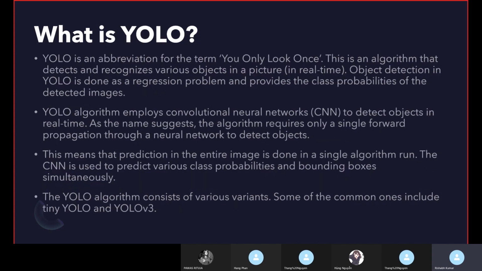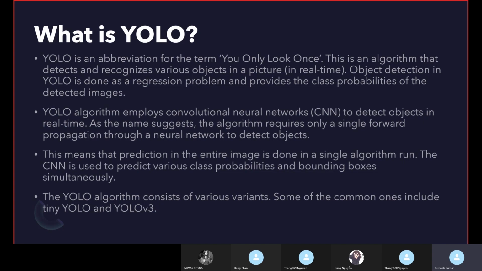Next, we will understand what is YOLO. YOLO is an abbreviation for the term "you only look once." As the name says, we only have to pass the image once through the network for it to fully detect the location and the type of object in an image.